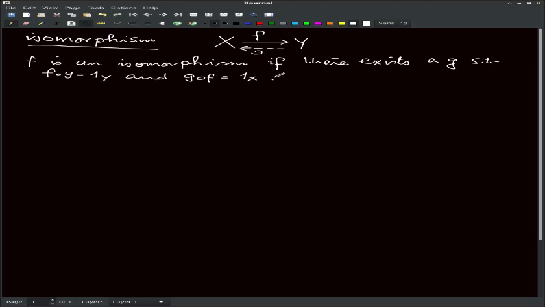When X, Y are sets, what we get is a bijection.